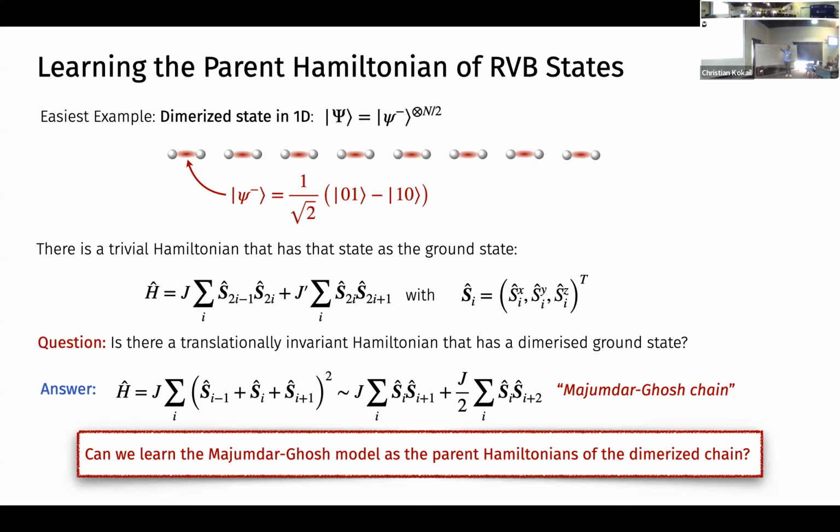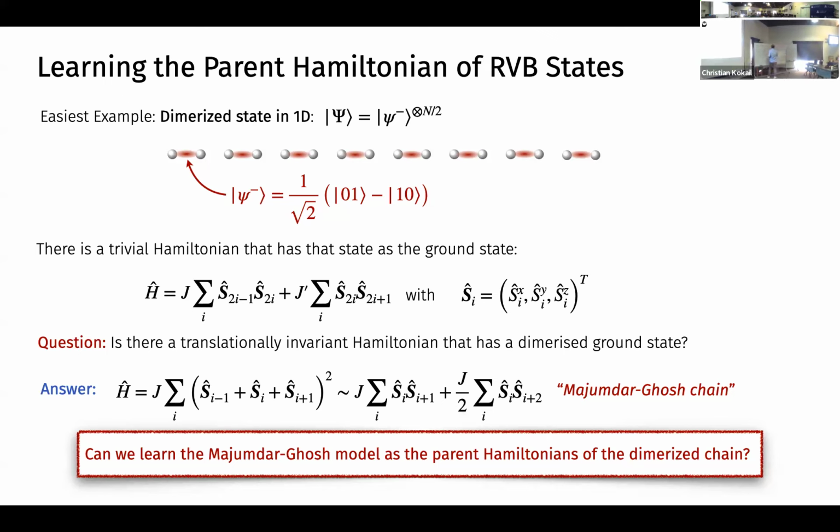It turns out, because the state that we study is so simple, it's just a product of dimers, I can do this analytically. Something that comes in extremely handy is that the singlet state on a dimer, i plus 1, is a spin 0 state. It has spin 0 and is invariant under rotations.